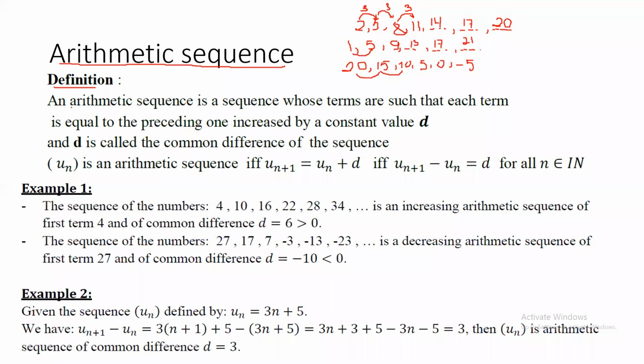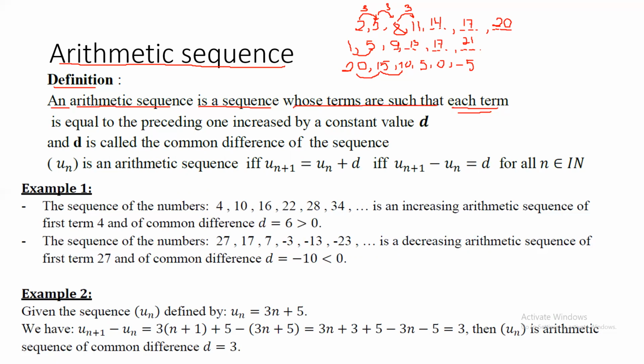An arithmetic sequence is a sequence whose terms are such that each term is equal to the preceding one increased by a constant value d.